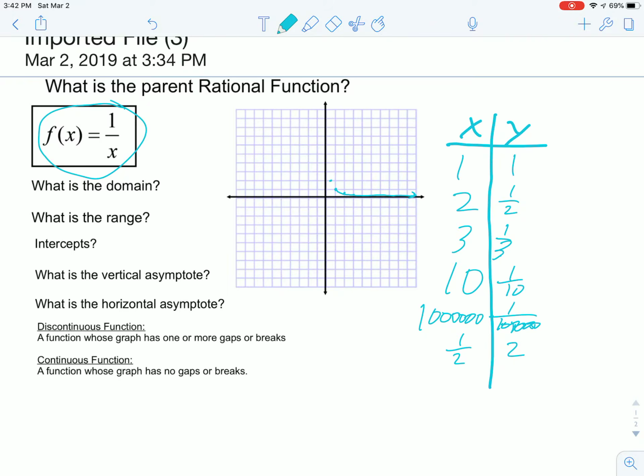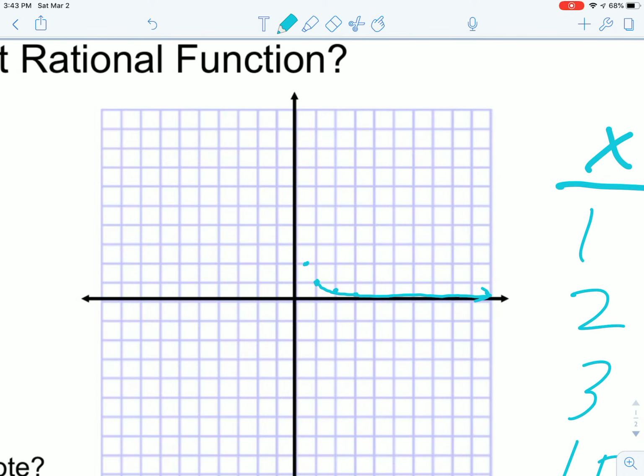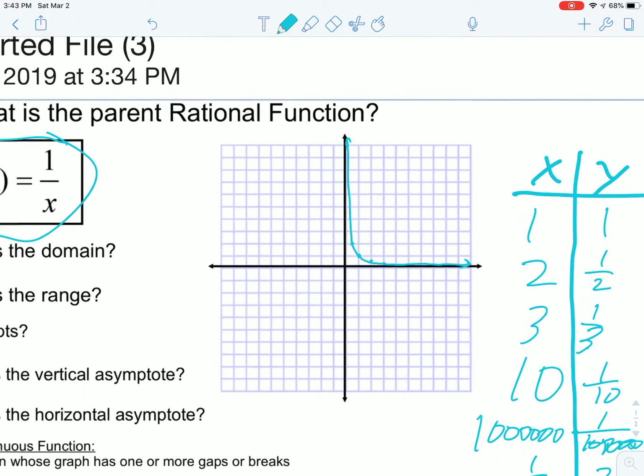If x is, let's say, 1/10 or 0.1, 1 divided by 0.1, 0.1 actually goes into 1 10 times, right? 1/10 goes into 1 10 times. So at 0.1, we're up at 10, way up there. So as I get closer to 0, my x values, this thing actually starts going up, up, up, up, up.